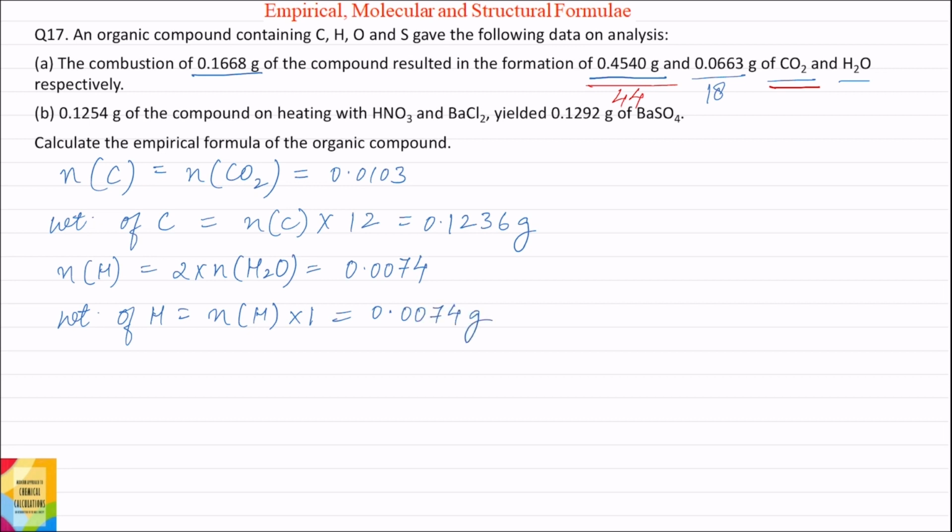0.0074 gram. Now 1 mole of barium sulfate contains 1 mole of sulfur. So moles of sulfur is equal to moles of barium sulfate. And how much will moles of barium sulfate be? Moles of barium sulfate will be the weight of barium sulfate, which is given as 0.1292 gram, divided by molecular weight of barium sulfate, that is 233.3.